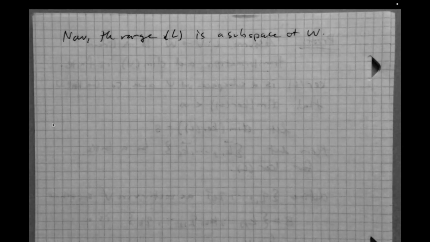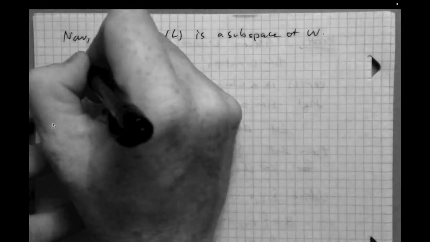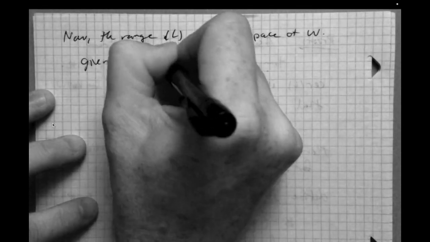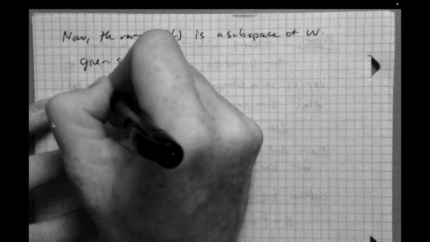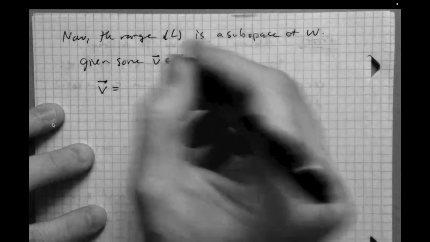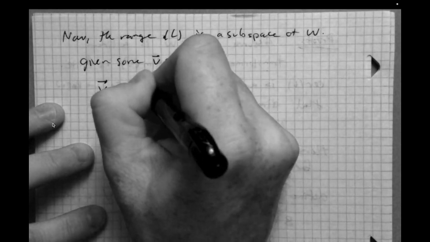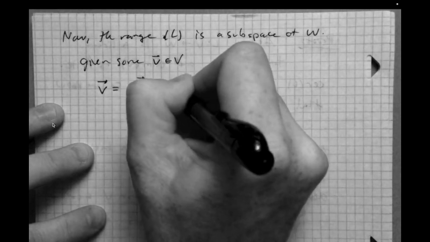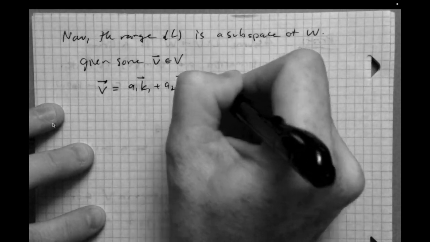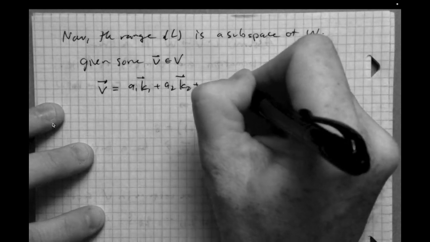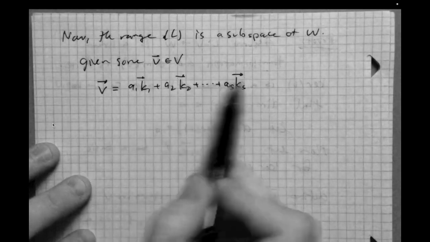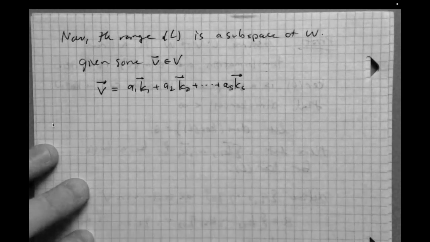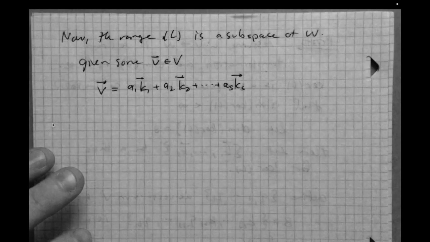And what the range of L means is that given some vector V in V, I can write V as A1 K1 plus A2 K2 plus ... plus AS KS. So these are all of the S vectors that form the basis for the kernel.